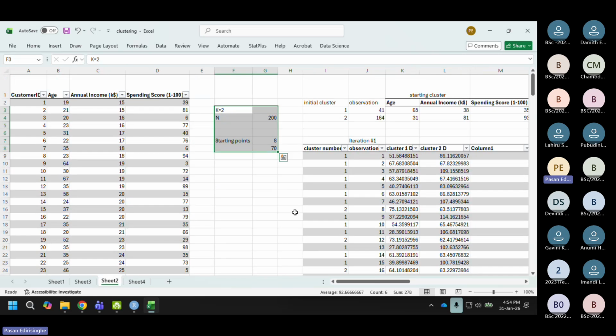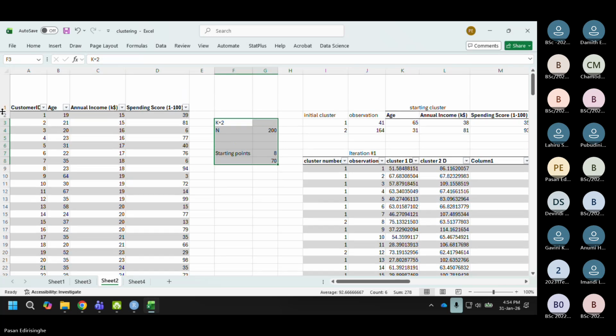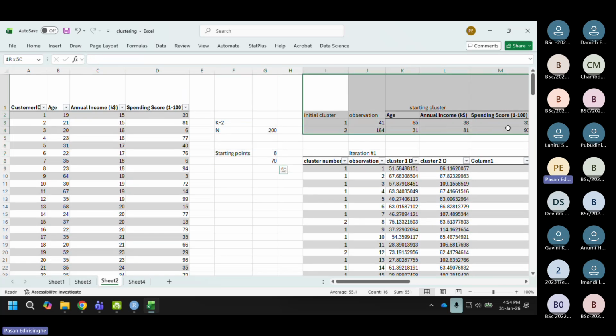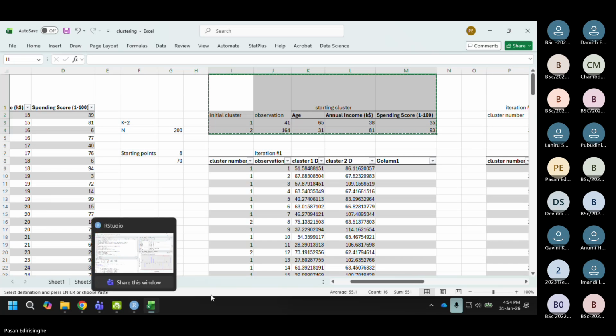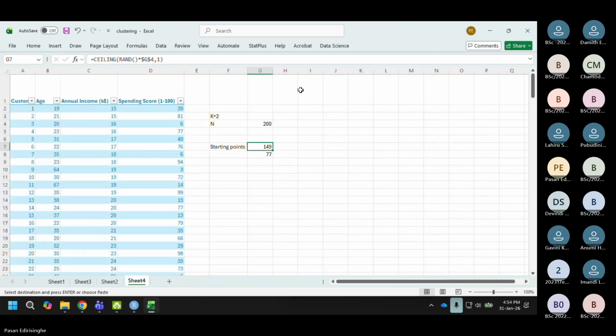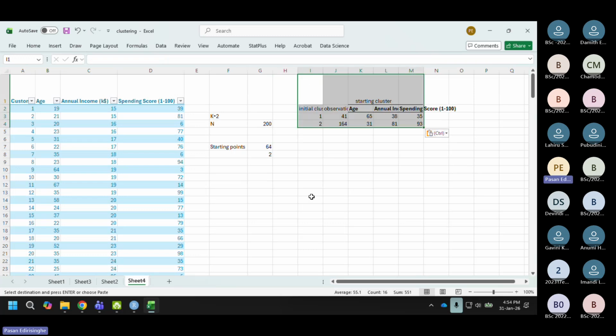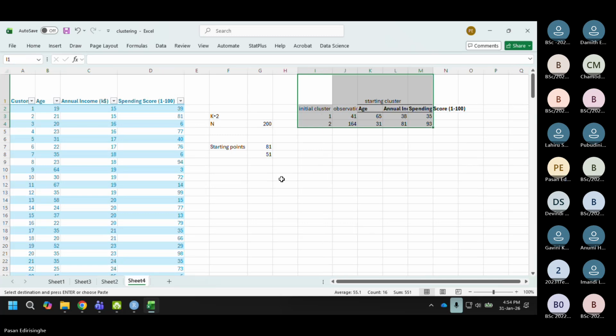Then I want to have the starting clusters. So I will take this one here and use this one as the starting cluster.